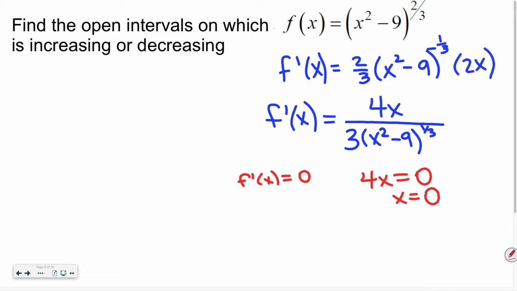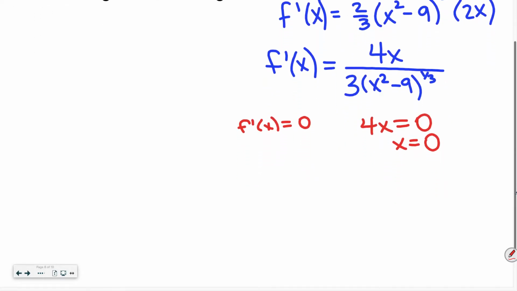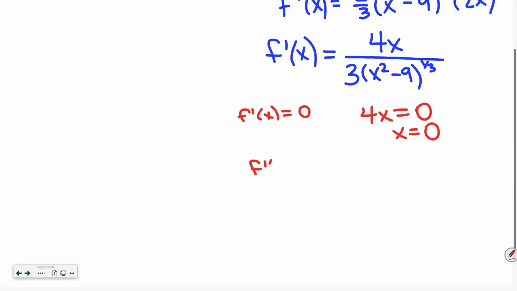If we want our derivative to be undefined, we need to set our denominator equal to 0. Where does that happen?